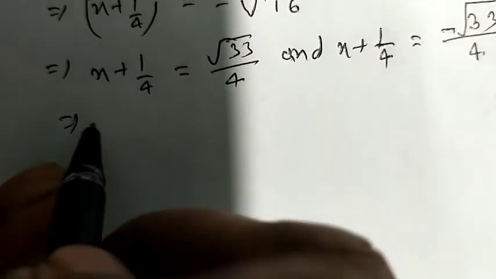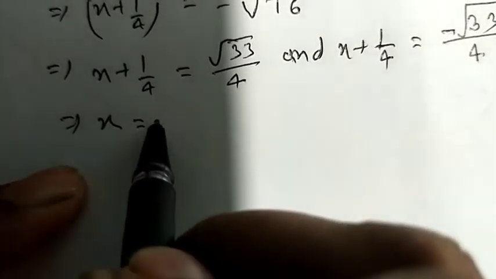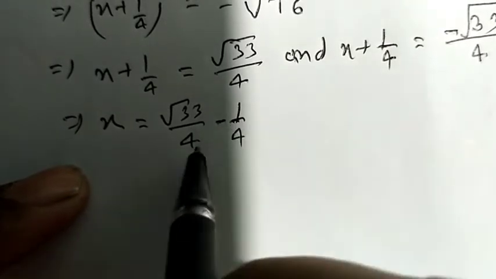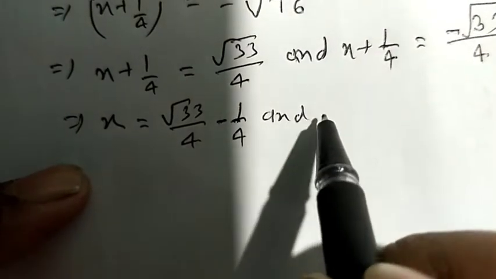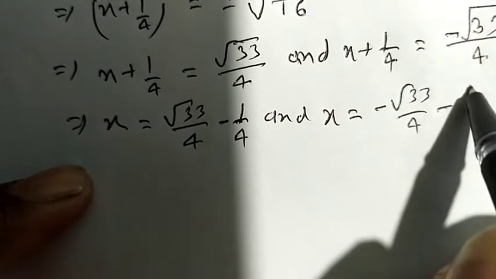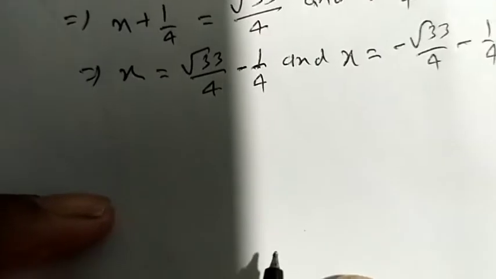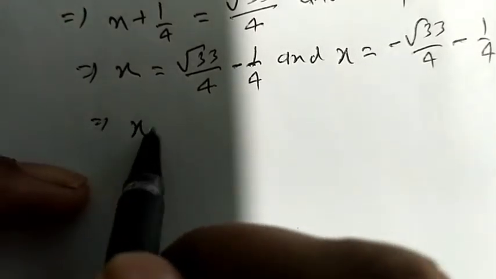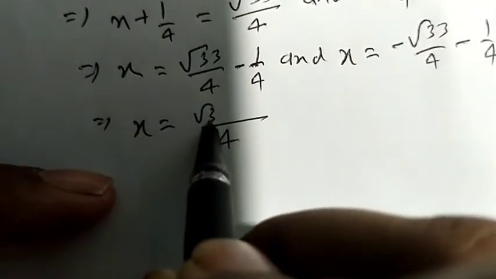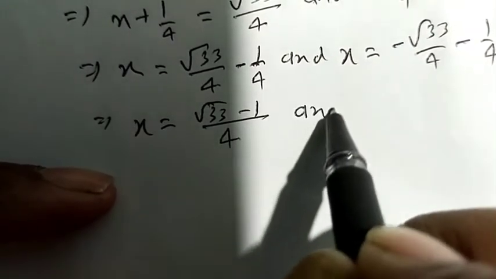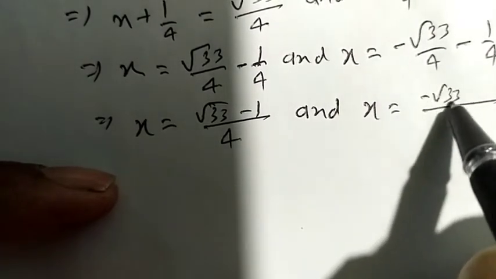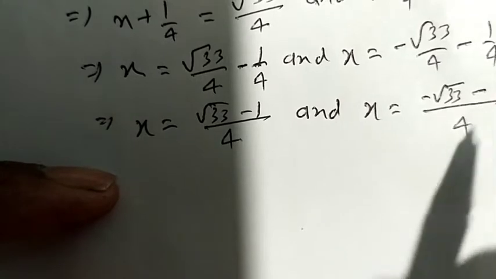Implies x is equal to root 33 by 4 minus 1 by 4, and x is equal to minus root 33 by 4 minus 1 by 4. Implies x is equal to, LCM is 4, so root 33 minus 1 by 4, and x is equal to minus root 33 minus 1 by 4.